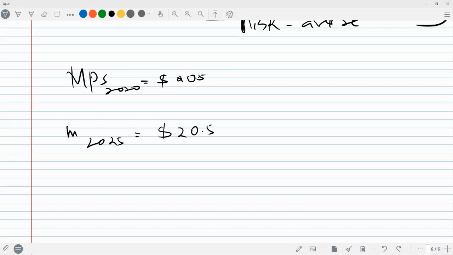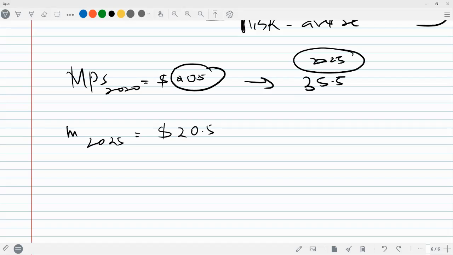So the best way the managers can maximize the value of this option is by seeing how they can increase this market price. If, for example, the market price increased from 20.5 to, let's say, 25.5, by the time year 2025 reaches, they are going to buy the shares of the company at 20.5, but their true value is 25.5.